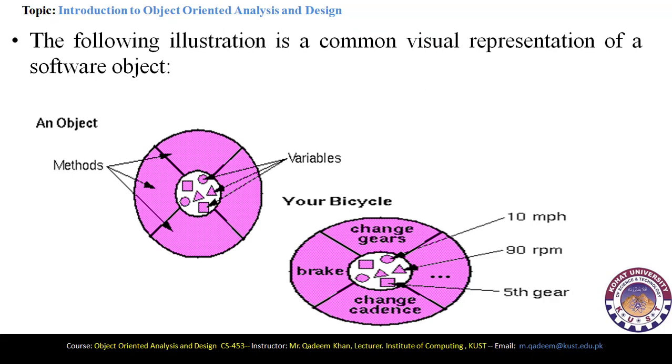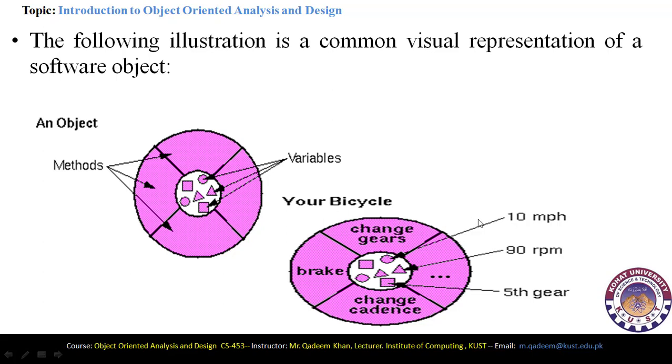Now, this is the illustration of the objects in a visual representation. For example, this is the whole object, and there are variables and methods inside the object. This is just a graphical representation of the objects. Now, for example, we have the bicycle example of the objects from daily life.